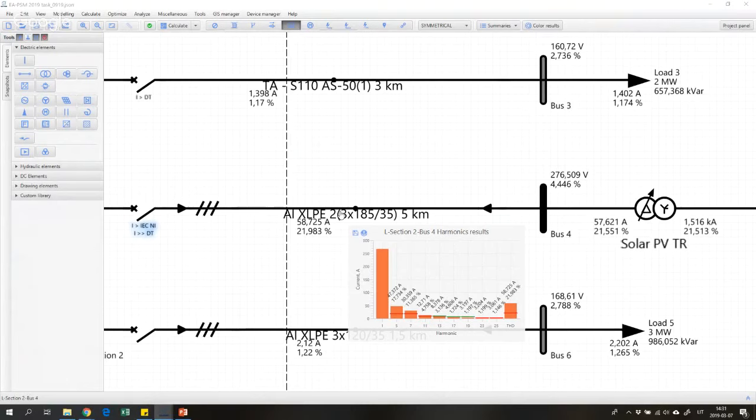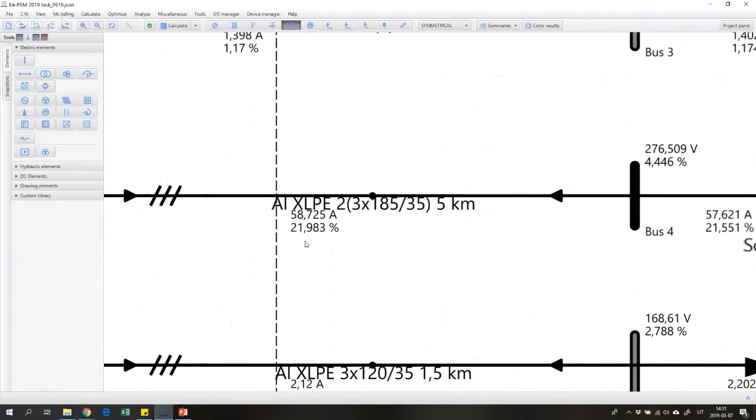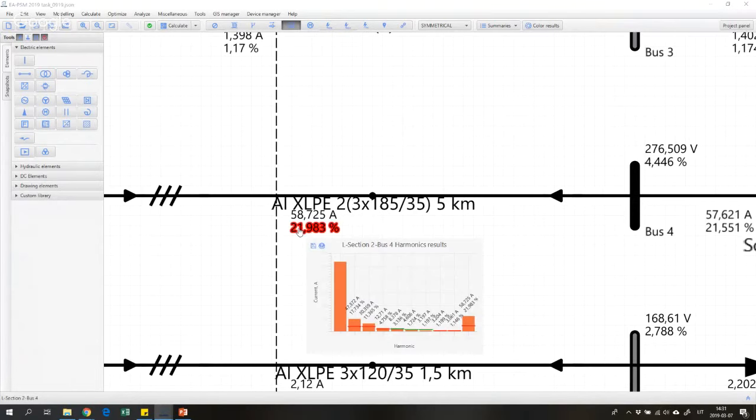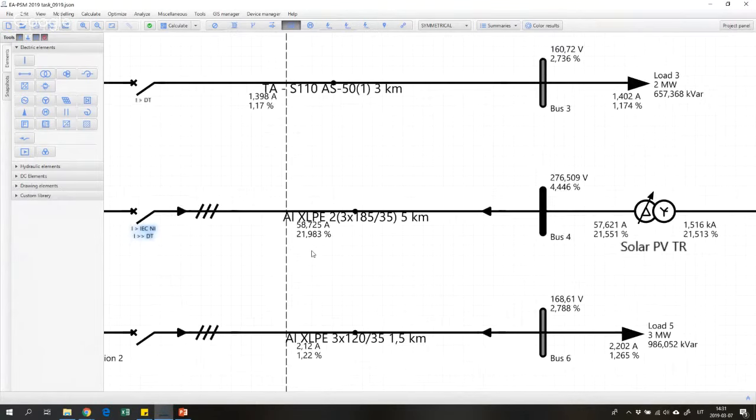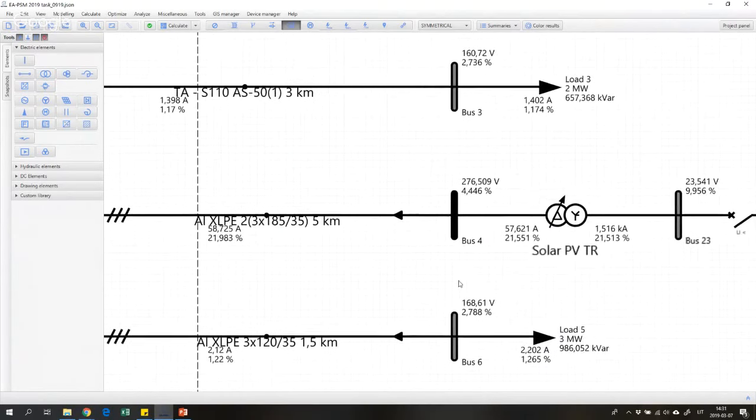And even the total harmonic distortion, which is represented by the THD acronym, is over the permissible limit. Our total current harmonic distortion in percent is almost 22%. It's quite a big current harmonic distortion.